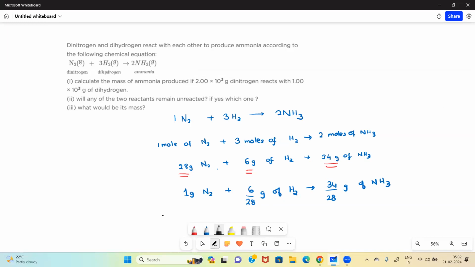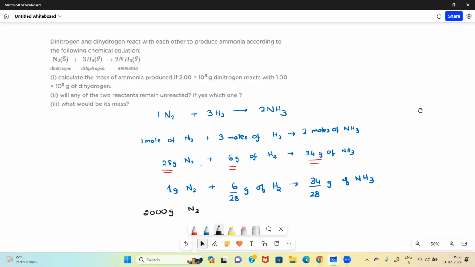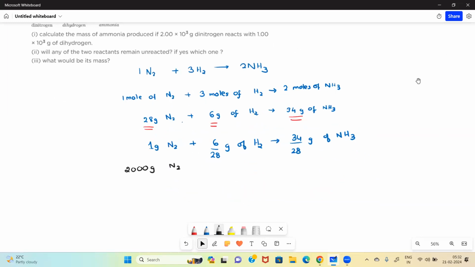So 2000 grams of dinitrogen would combine with 2000 into 6 divided by 28 grams of dihydrogen to give you 2000 multiplied by 34 divided by 28 grams of ammonia.